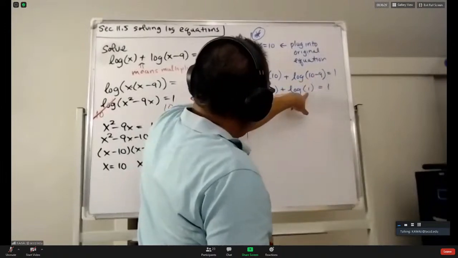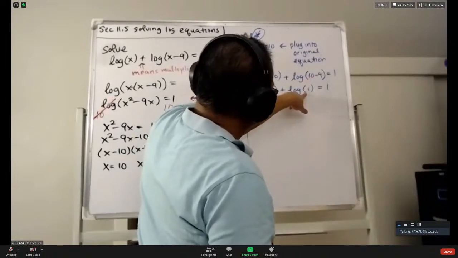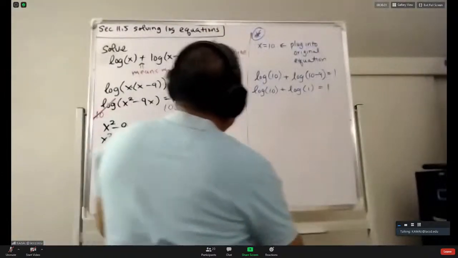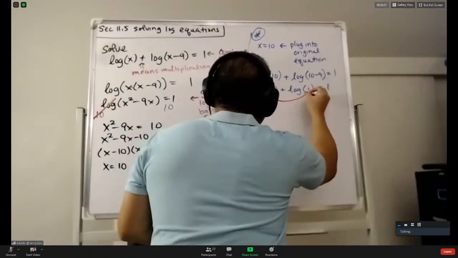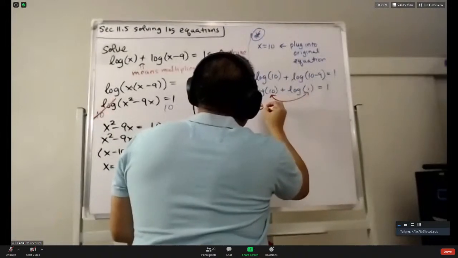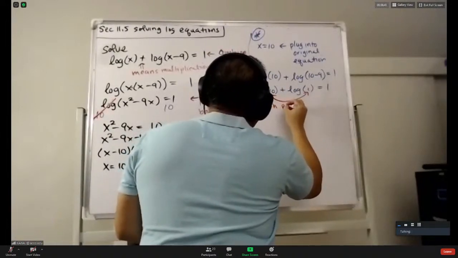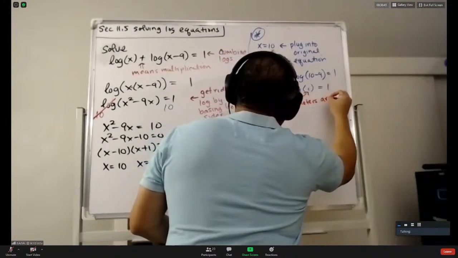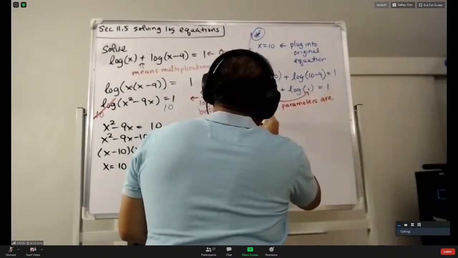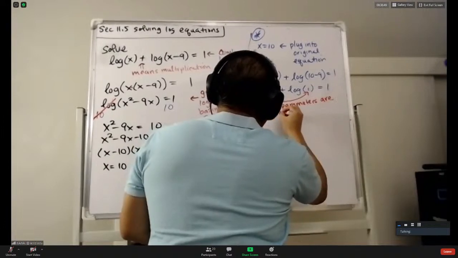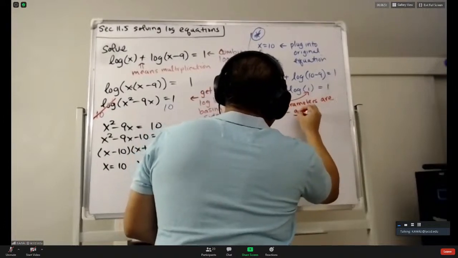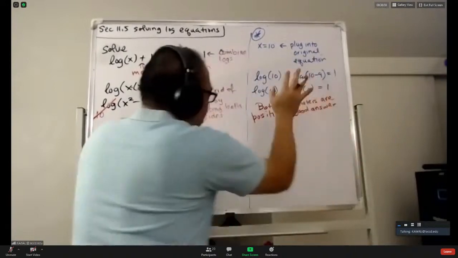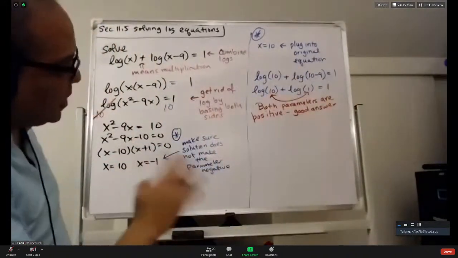We're checking it when we've actually simplified it. So both parameters are positive. It's a good answer. If just one of them is negative, it's a bad answer.